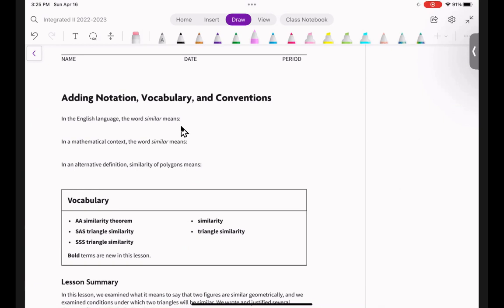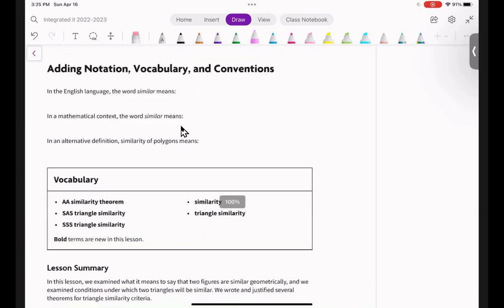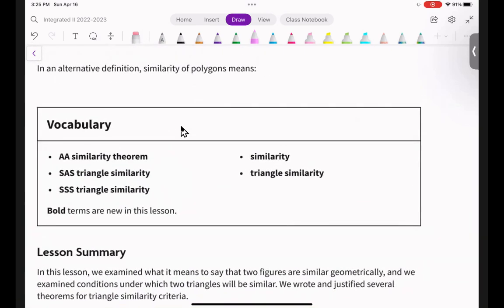In an alternative definition of similarity, and this is the most important one that I really would like you to know, corresponding angles are congruent and corresponding sides are proportional. Okay, so keep that in mind because that's going to be the most important part.